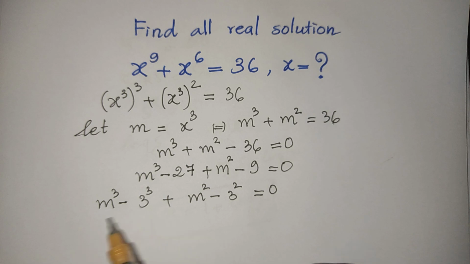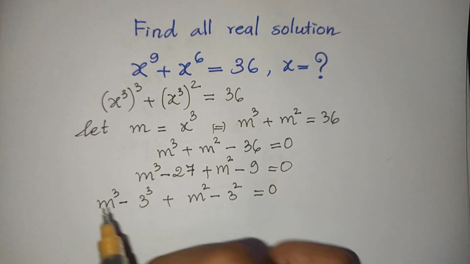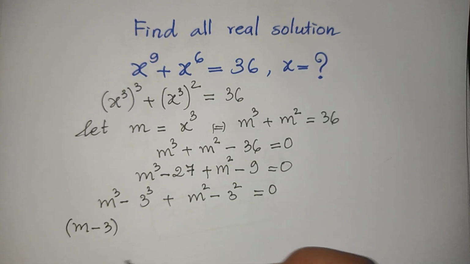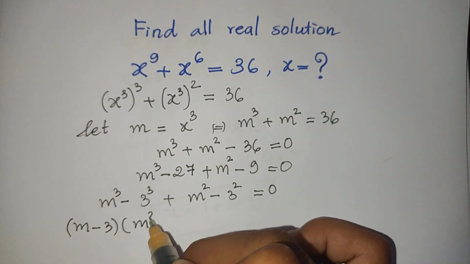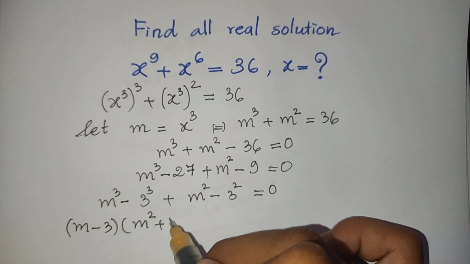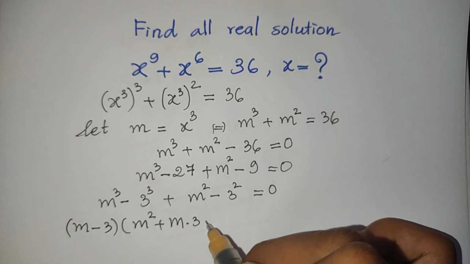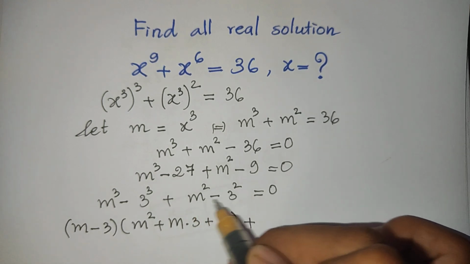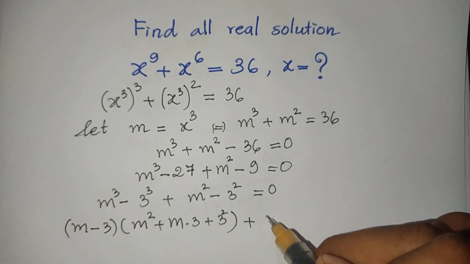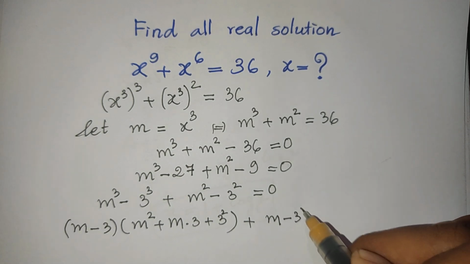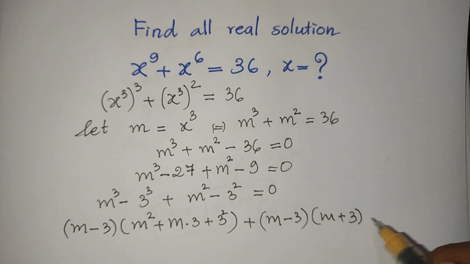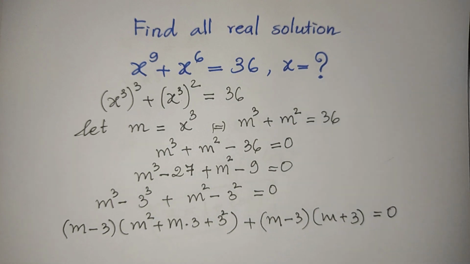And here we use the formula m power 3 minus 3 power 3, so we get m minus 3 times m squared plus m times 3 plus 3 squared. And here we get m minus 3 times m plus 3 equal 0.